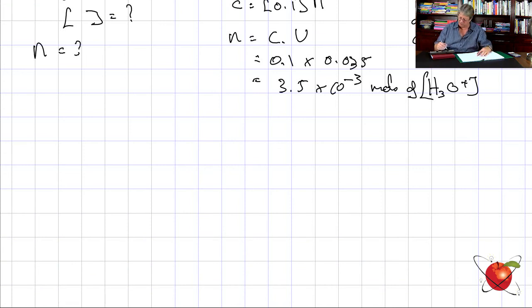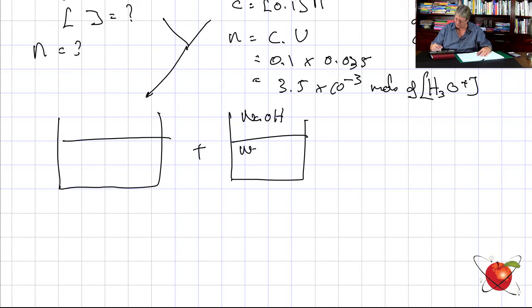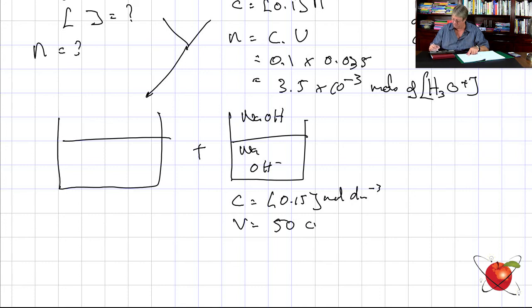The next piece is we took that solution and added the NaOH to it. In the NaOH, I had Na+ and OH-. They told me the concentration is 0.15 mol/dm³ and the volume is 50 cm³.